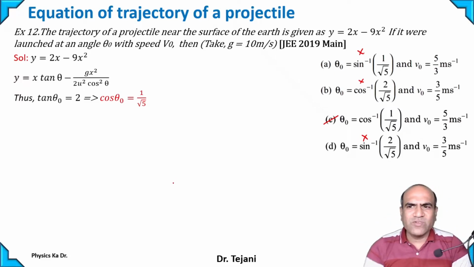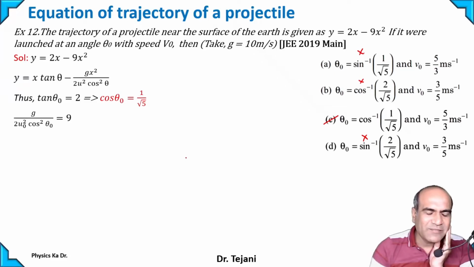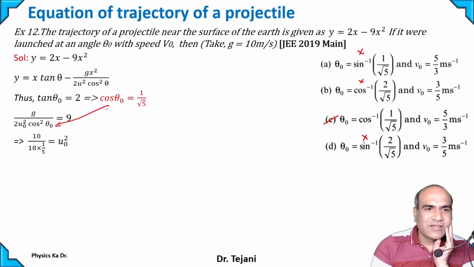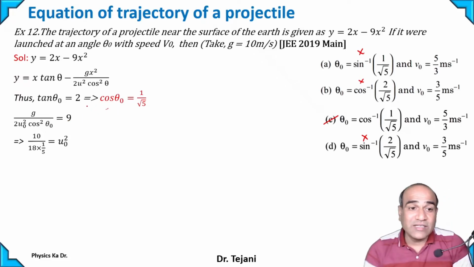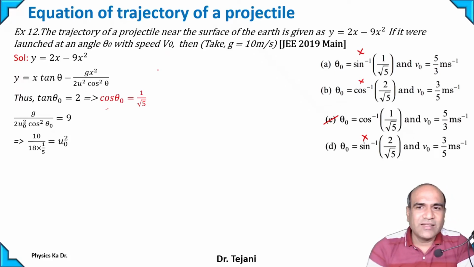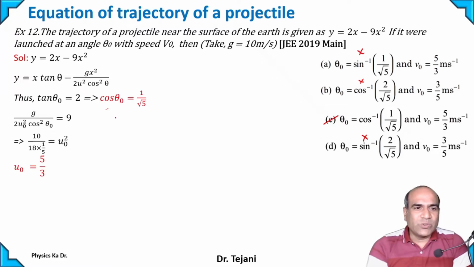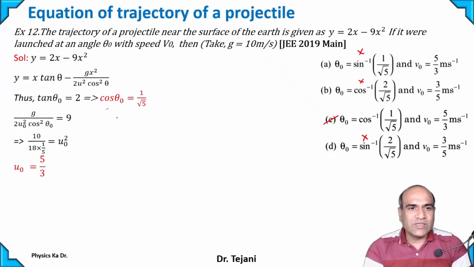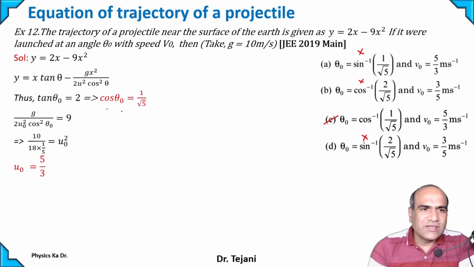Further, you may continue if you want to find the velocity. We have g, we have the value of cos theta, you can put it here, and also the initial velocity u0. You can find u0.